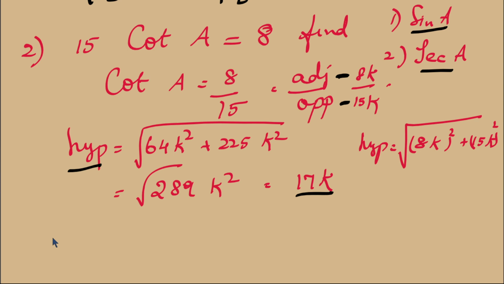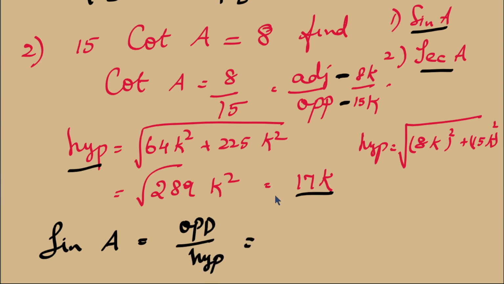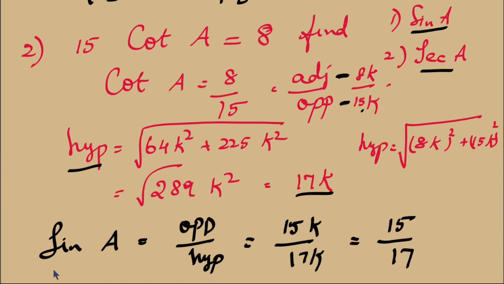What is sin A? Sin A, SOH, so opposite by hypotenuse. And what is our opposite side? 15k. Hypotenuse is 17k. So it's 15k by 17k, or 15 by 17. So we have found sin A to be 15 by 17.